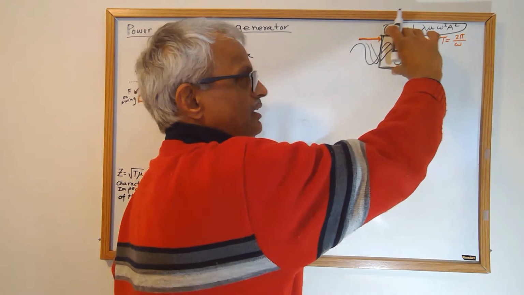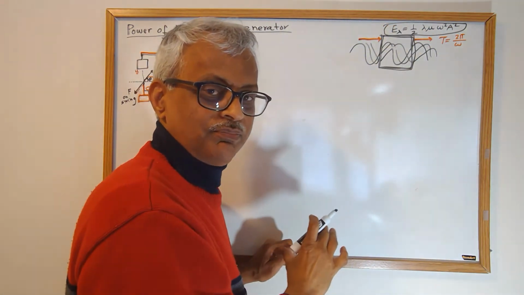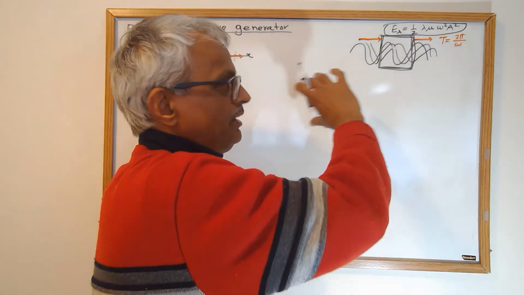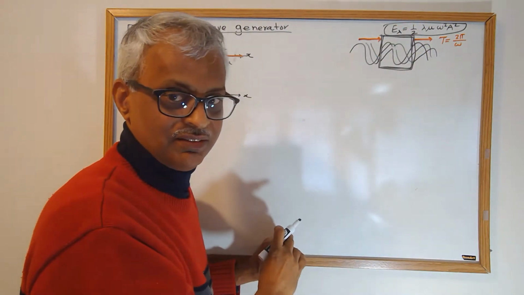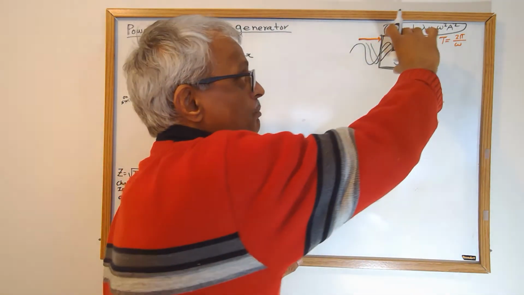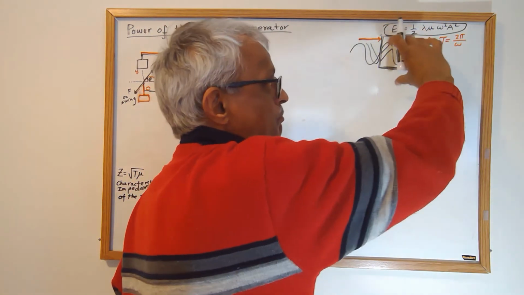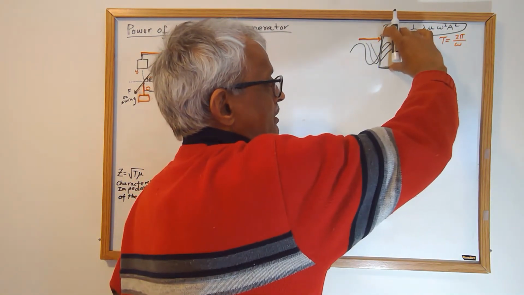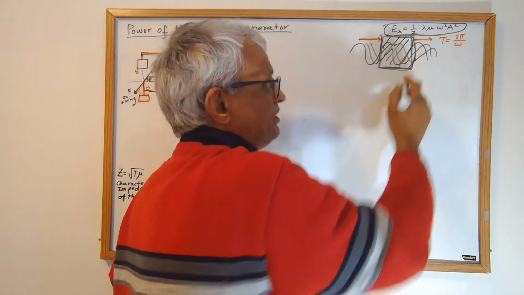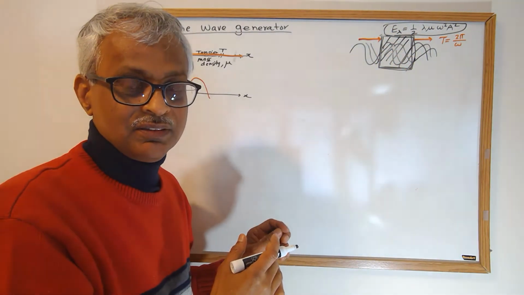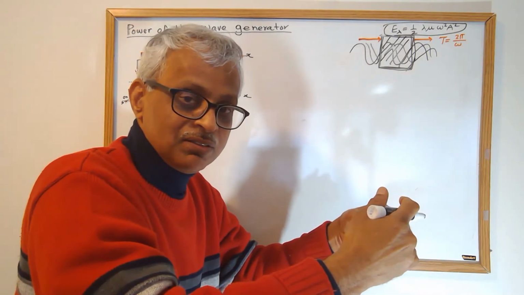In a steady state, in a situation where energy is overall not changing, energy may be a function of time, but over this one distance, in this space, the energy remains the same. So the rate at which energy is coming in must equal the rate at which it leaves.